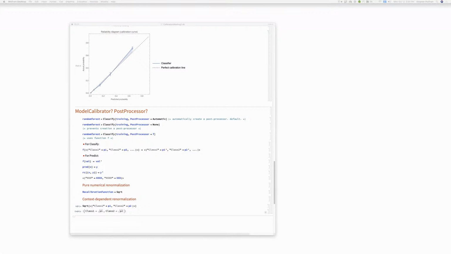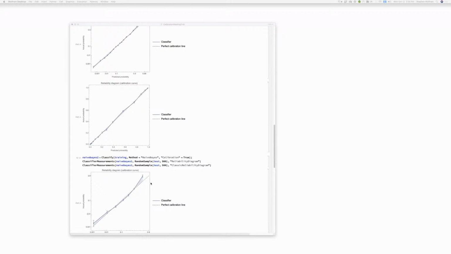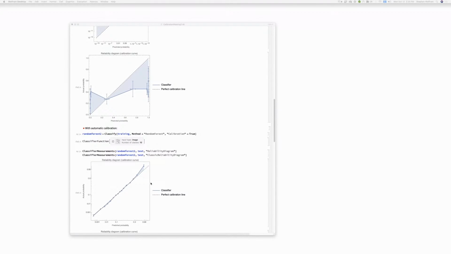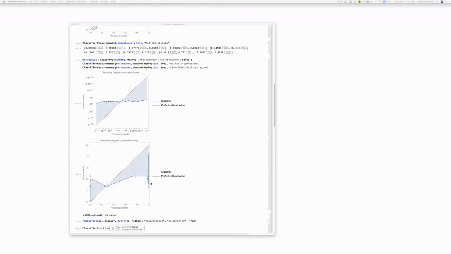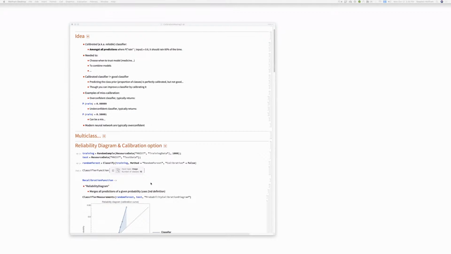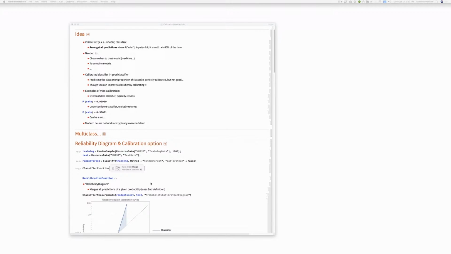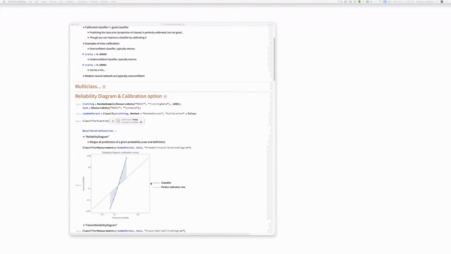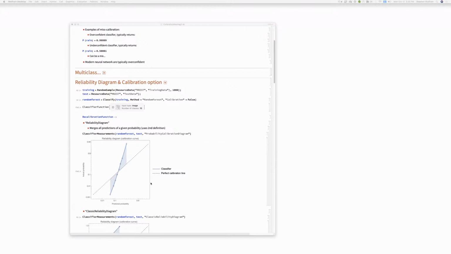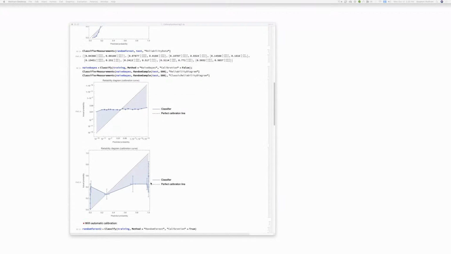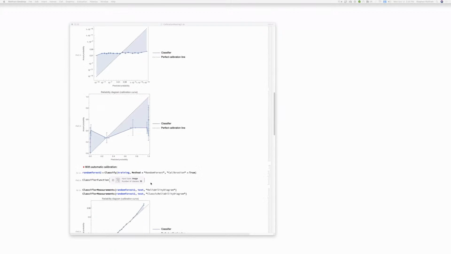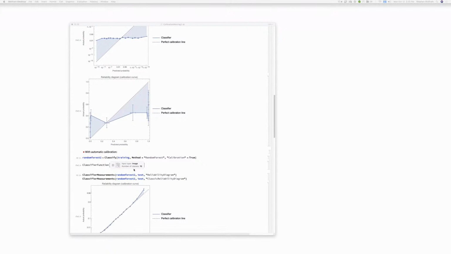If you scroll up, the first example, you've seen this diagram where it's not calibrated at all. It's completely underconfident. And if you scroll down a bit, you can calibrate it. And so that's new now in Classify. When you use Classify, that's what happens now.